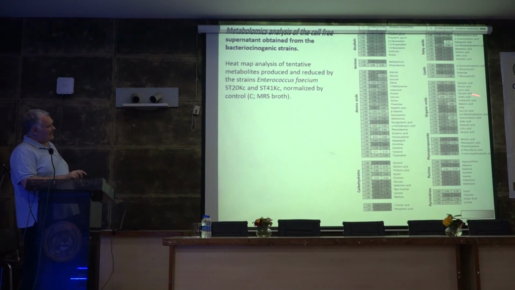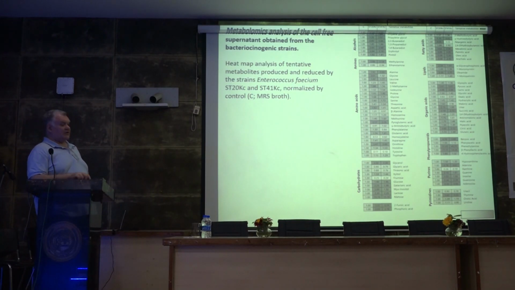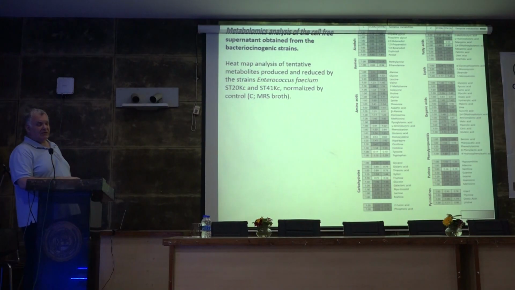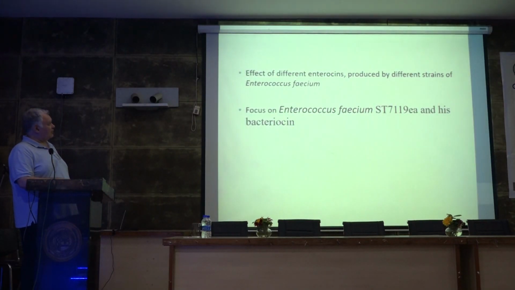So you see several acids were increased in these strains' environments. So not only bacteriocin but the acids and even some additional antimicrobial metabolites were detected, and that was improving the antimicrobial effect when these two strains were growing.